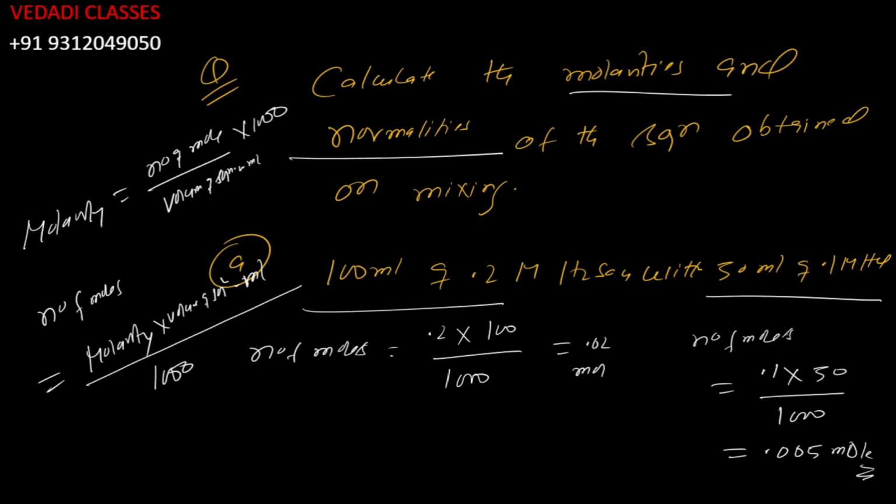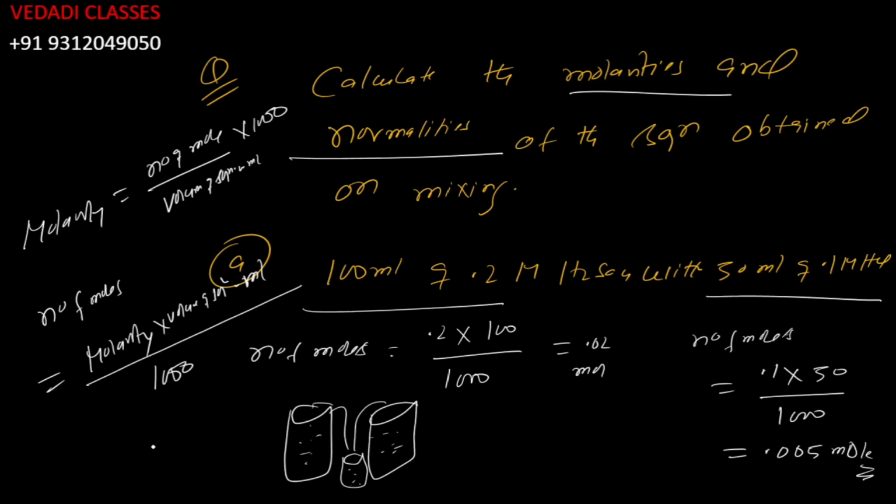So now you have solution number 1 over here and solution number 2 over here, and both are acids. We mix them and you have to find out the resultant molarity.